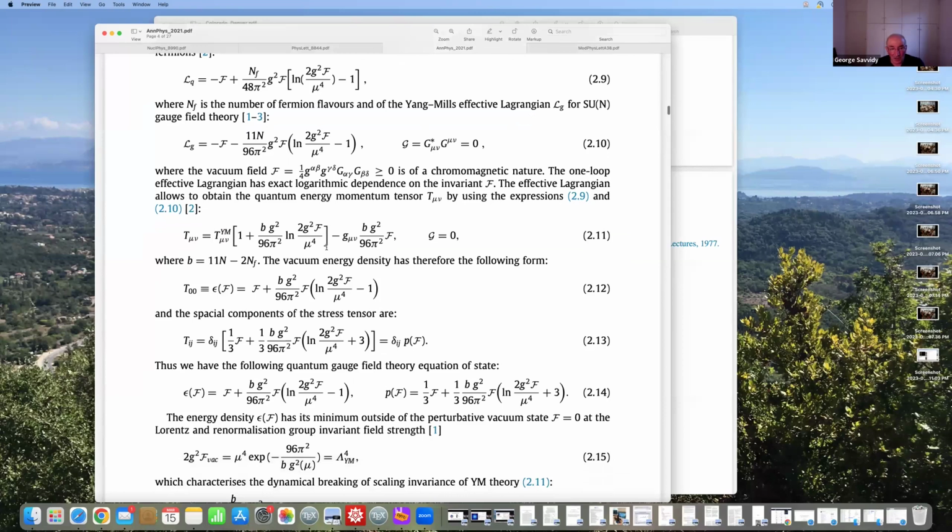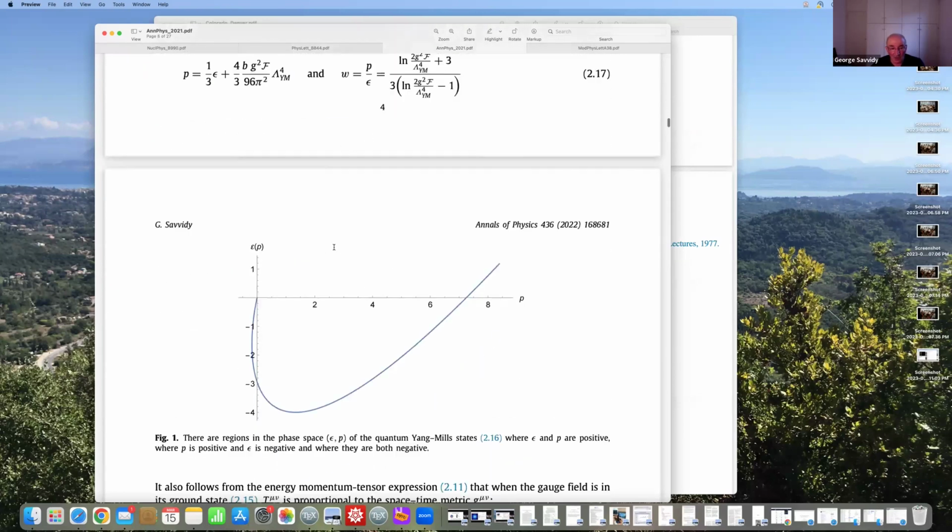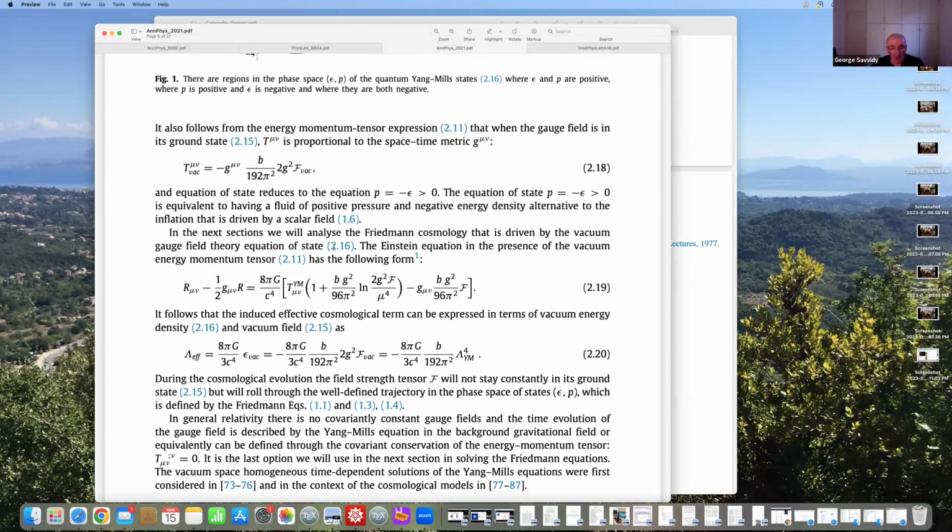Therefore, we can now solve gravity equations with this contribution which comes from the vacuum polarization. Yes, very good. That was another thing.